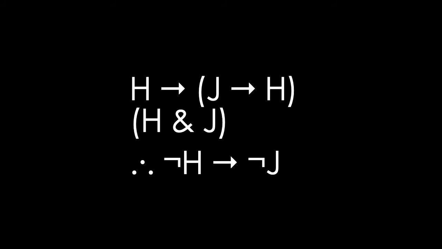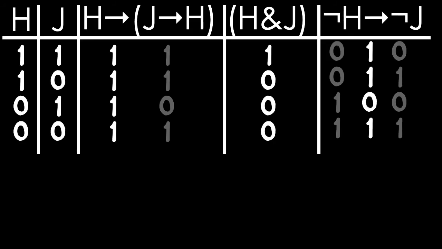So consider this argument. Two premises and a conclusion. We have two sentence letters, so the complete truth table takes 4 rows. Having filled it out, we look to see if there are any rows where the premises get 1s and the conclusion gets a 0.